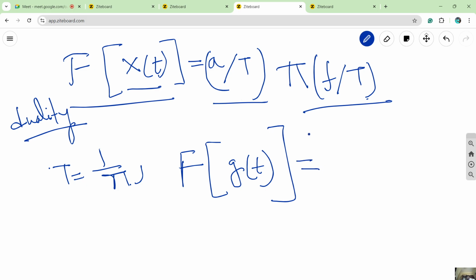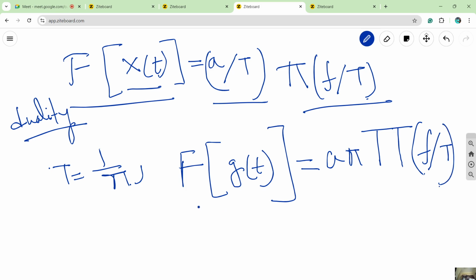This can be written as A by the rect signal, and it is f by T. So this is actually, pi will come.